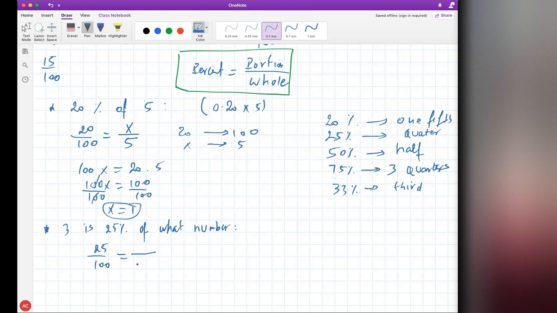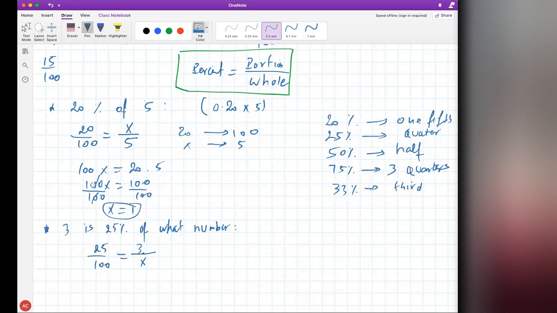So what are we missing again? We're missing the whole. So it's 3 over x. The whole is here. You can use ratios, or you can just use fractions. Turn the percentage, if you have it, immediately into a fraction. On the other side, figure out where to put the x.